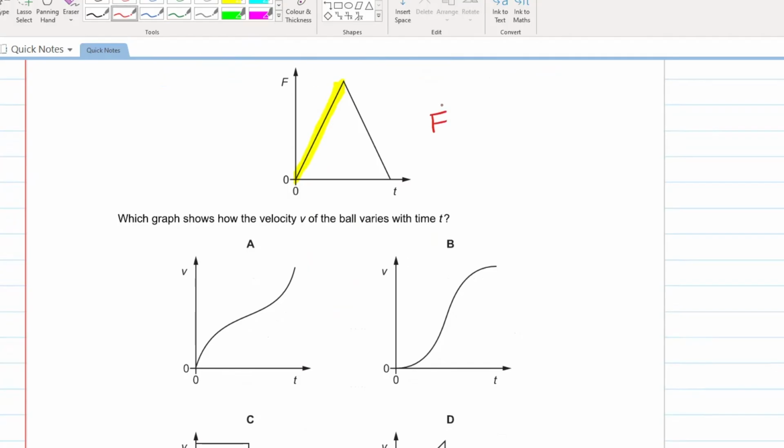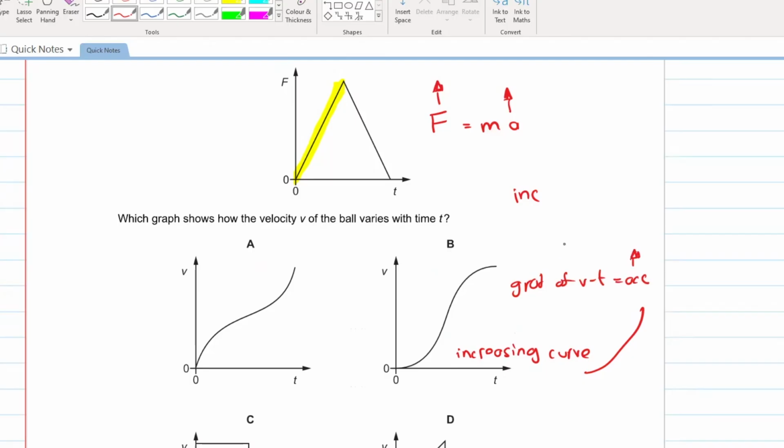If the force is constantly increasing, what does that mean? Your acceleration will be constantly increasing. If your acceleration is constantly increasing, your velocity time graph will have an increasing curve. Why? Because the gradient of the velocity time graph is equal to acceleration.